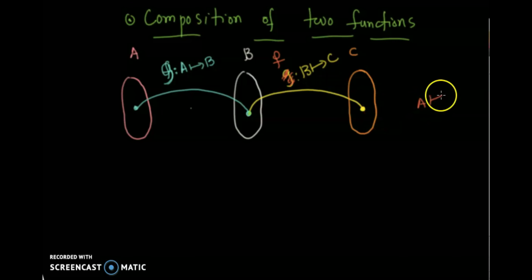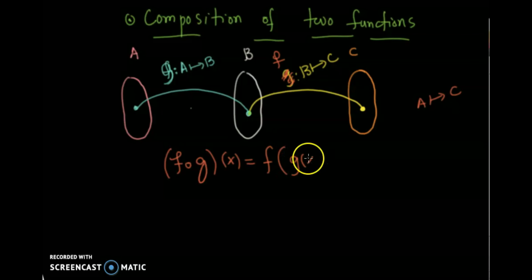So A to C, we need a function, and this can be achieved by defining the composition of two functions. So we can compose this g into f. That means g is composed inside f. This is a function. How to evaluate this on any element x? You will substitute your g into f.